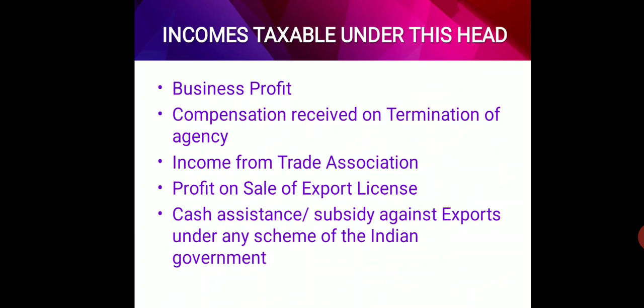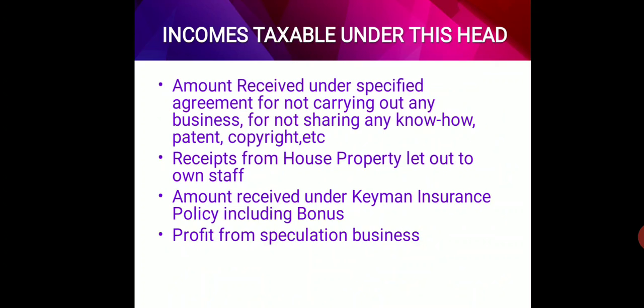So if any subsidy is received against exports by the Indian government, that will be income taxable under this head. Any amount received under specified agreement for not carrying out any business or not sharing any know-how, patent, copyright, etc., that will also be considered as income under the head business and profession.